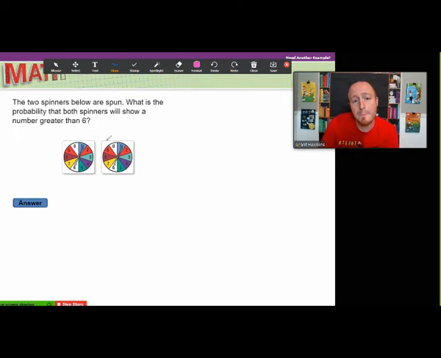So how many possible outcomes are there in the first wheel? There are 10. How many favorable? Favorable meaning numbers greater than 6. Well, there's 7, 8, and 9. So there are 3 favorable outcomes in the first one. And since the second wheel is exactly the same, it also has a 3 out of 10.